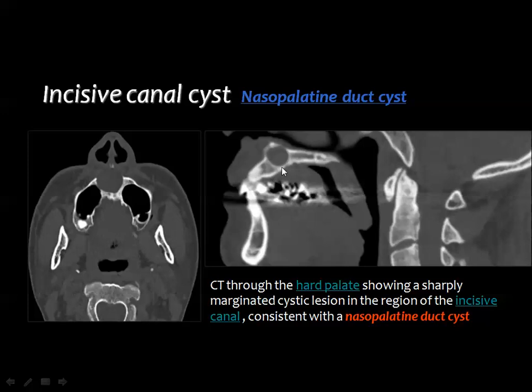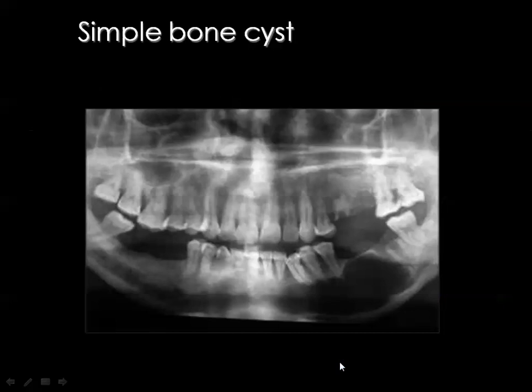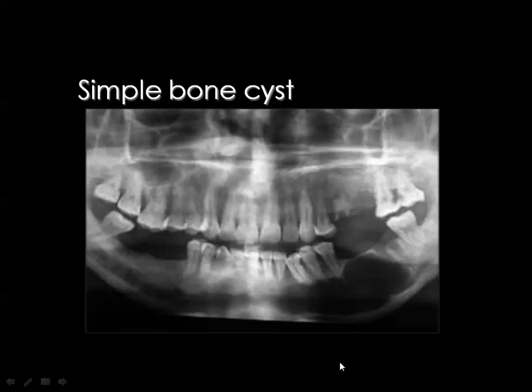Then, similar to any other bone in the body, the simple bone cyst, you know, the most common sites for simple bone cyst in the body are the proximal humerus and the proximal femur, but simple bone cyst can occur anywhere and can also affect the mandible.